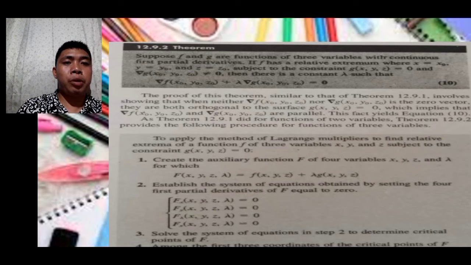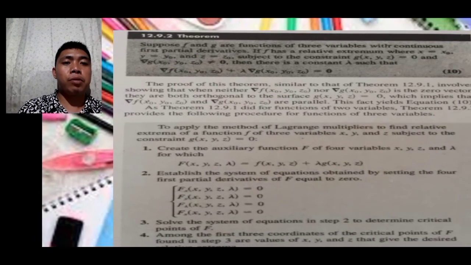Theorem 12.9.2 provides the following procedure for functions of three variables.